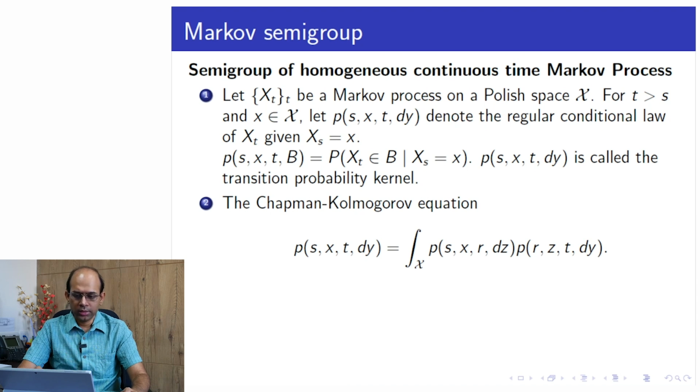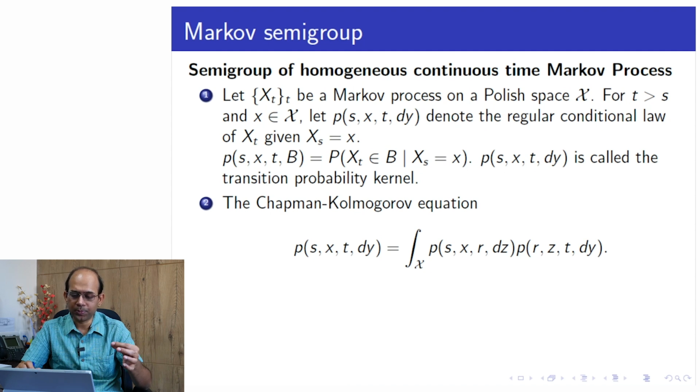Now the Chapman-Kolmogorov equation is the equation which we obtain for a Markov chain's transition kernel. It is stated below: p(s, x, t, dy), that means the law at time t given that at time s it is at x, is equal to the integral of p(s, x, r, dz) p(r, z, t, dy). Here r is a time point in between s and t.